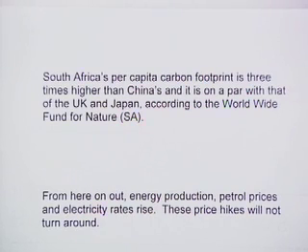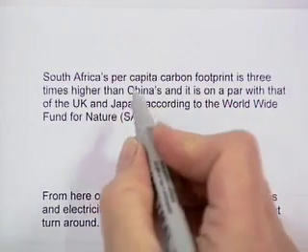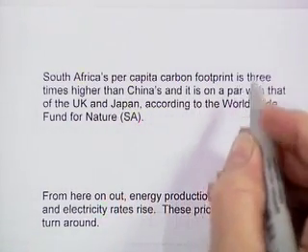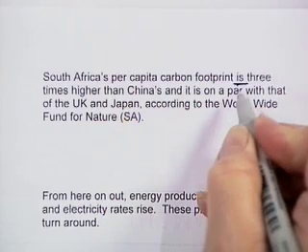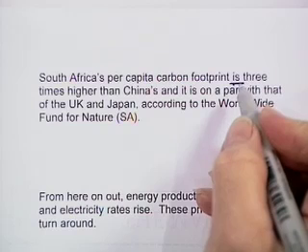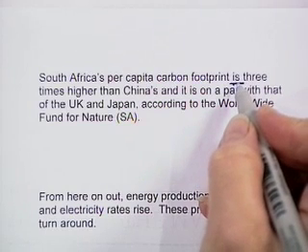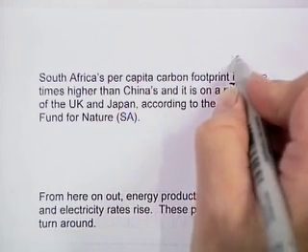Start with finding your finite verb. South Africa's per capita carbon footprint is. Don't forget is. Many learners forget that the verb to be is either part of the verb or the whole finite verb by itself. There it is. There's your finite verb.